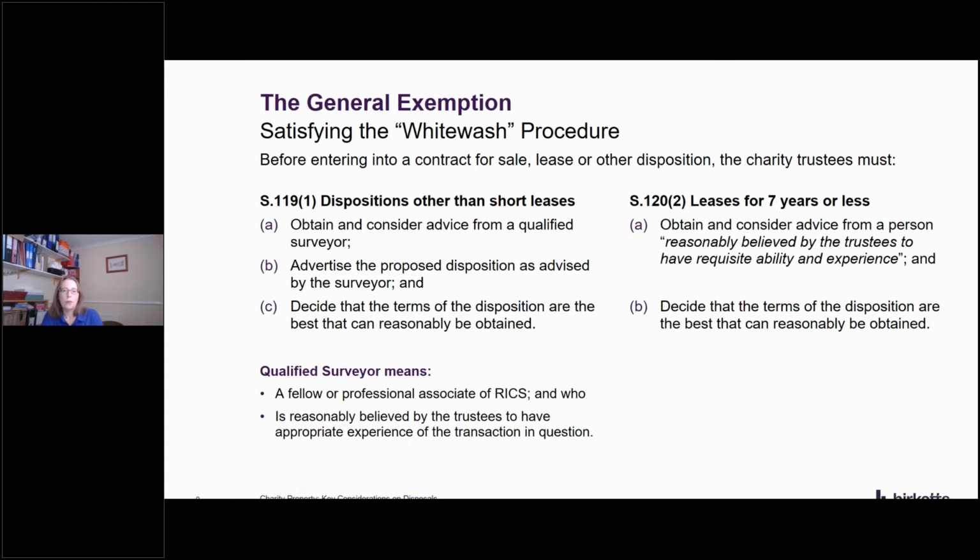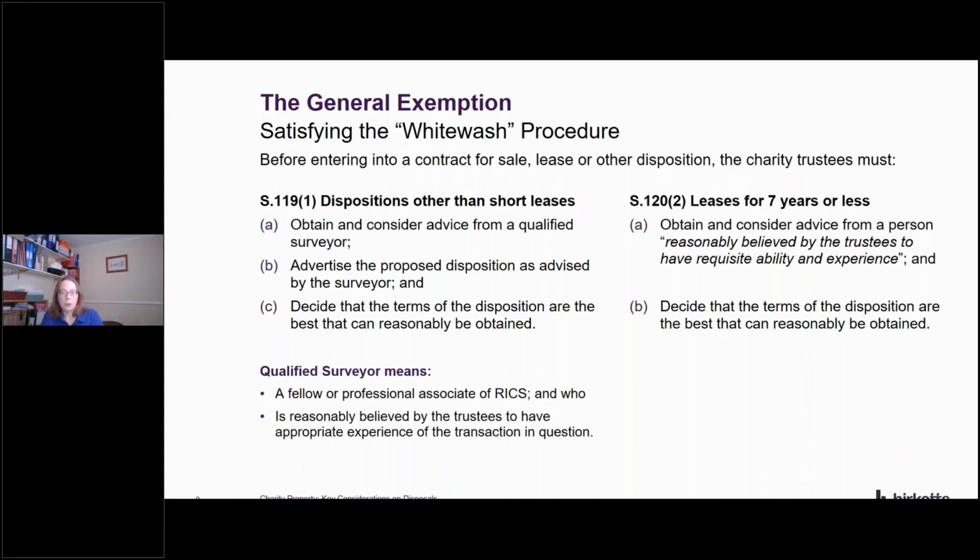So, for example, the one that we come across most often is a transfer of land to another charity for less than the best price, where that transaction is authorised by the transferring property's governing document. That often happens on a charity incorporation or merger. Obviously, the receiving charity is connected, often, assuming the trustees are the same, to the disposing charity. But I'm not going to cover all those specific exemptions today.